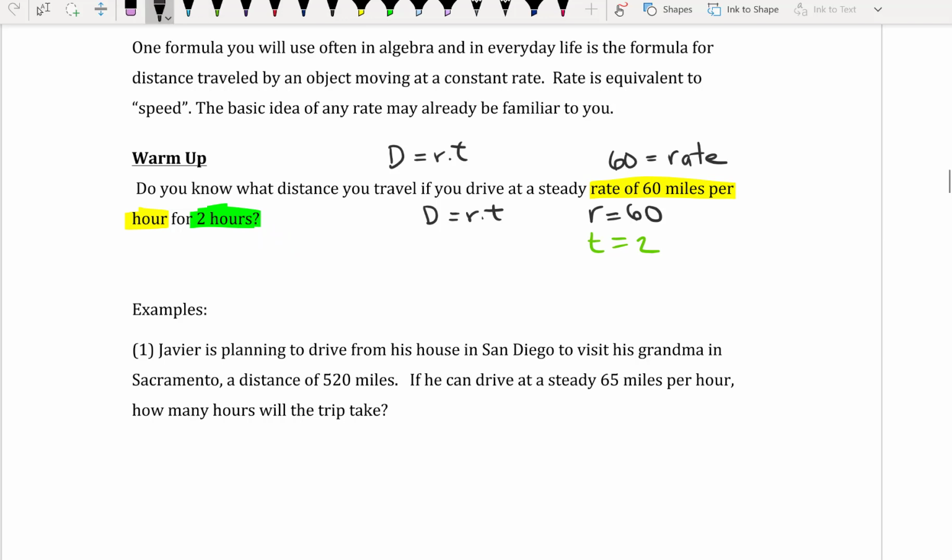So for distance, I don't know what that is, but for my rate, I have 60, and for my time, I have 2. So I have 60 times 2, which is 120. So the distance that you travel is 120 miles.